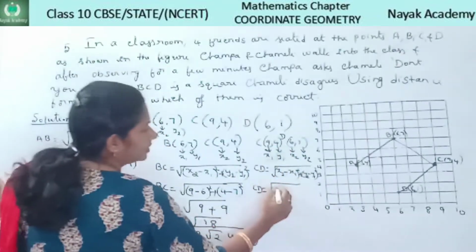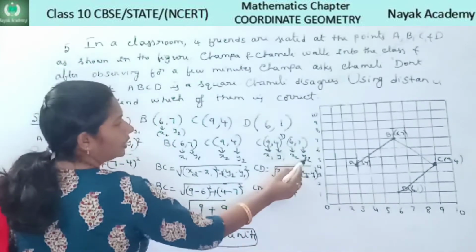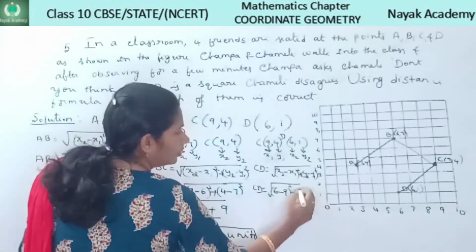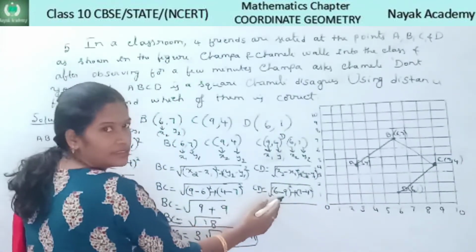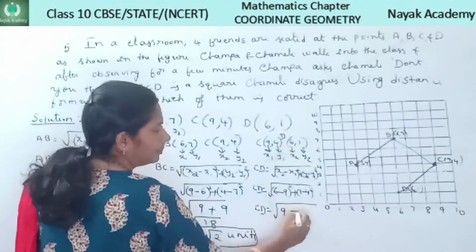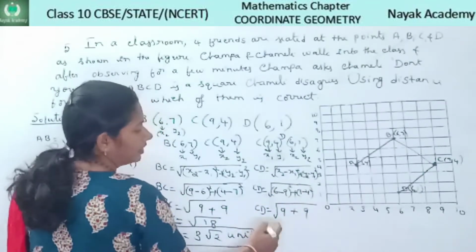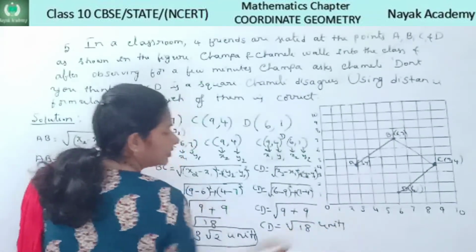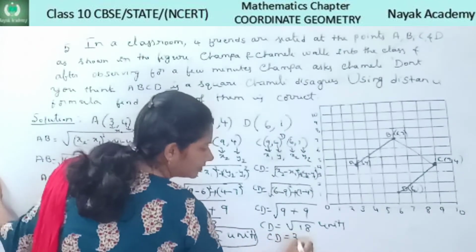X2 value is 6 minus x1 is 9 whole square plus y2 value is 1 minus y1 which is 4 whole square. So CD value is 6 minus 9, minus 3 whole square is 9, plus 1 minus 4, minus 3 square is plus 9. So CD equal to root 18 units. You can further simplify root 18. You can write it as 9 into 2. So you can write 3 into root 2 units.